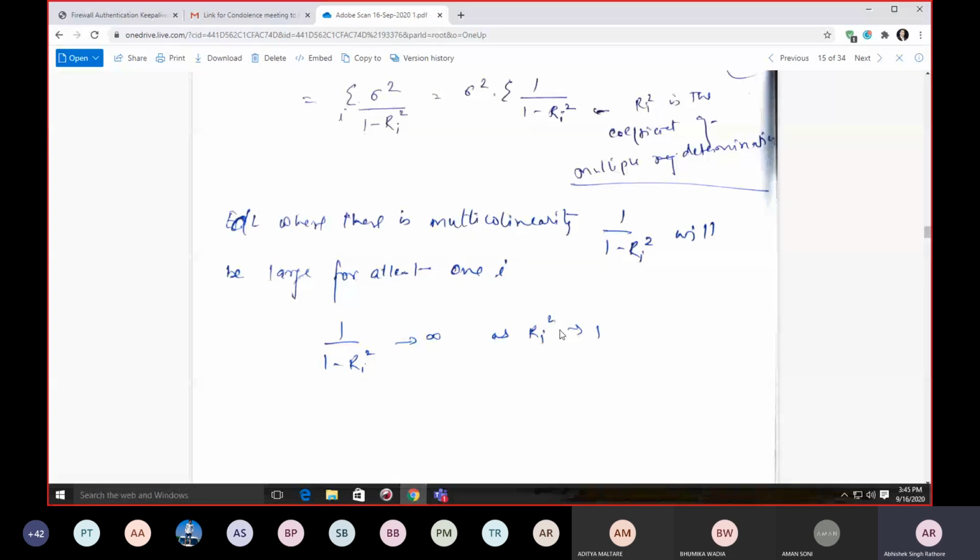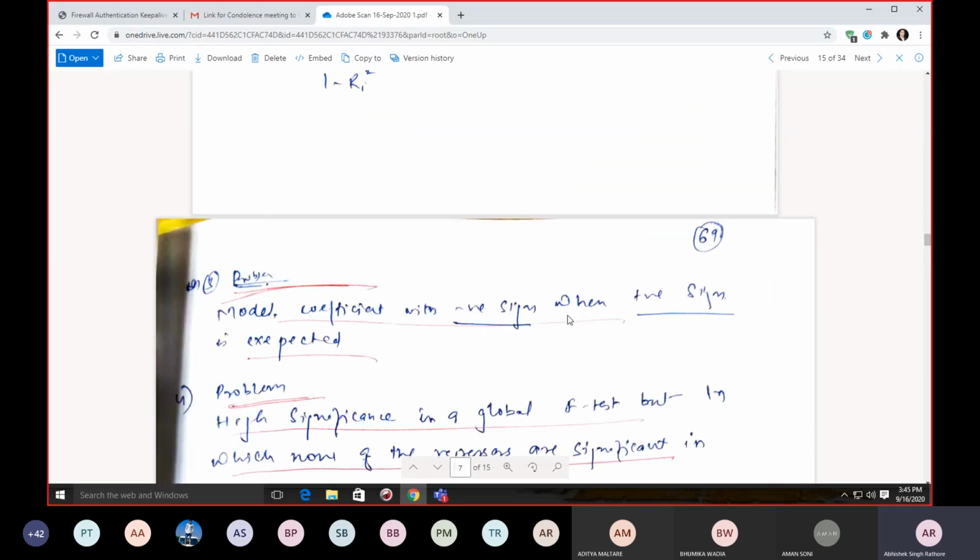So we can say that multicollinearity just gives some wrong estimates of your true values.